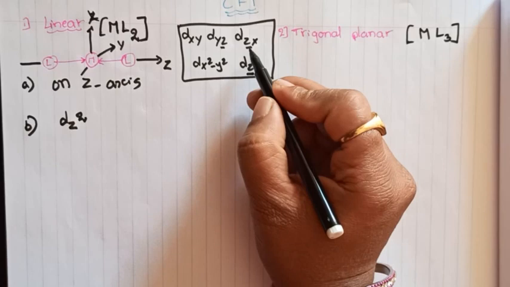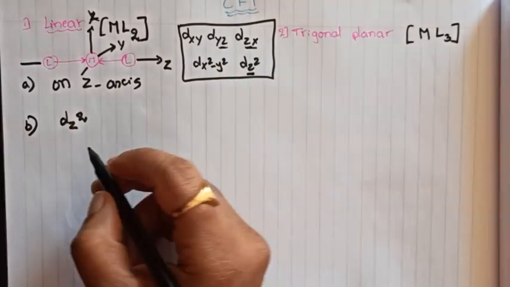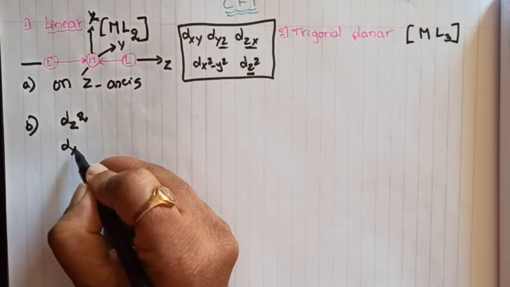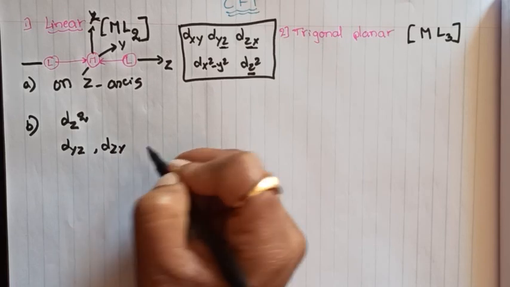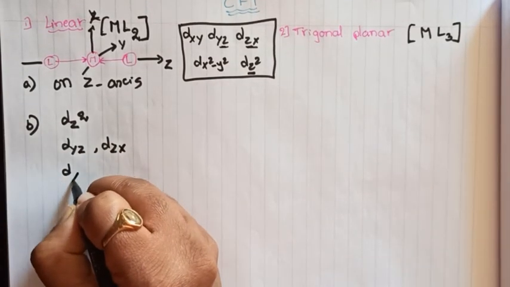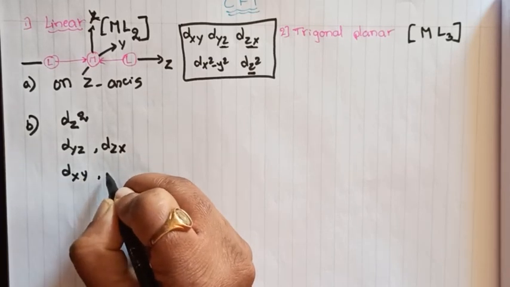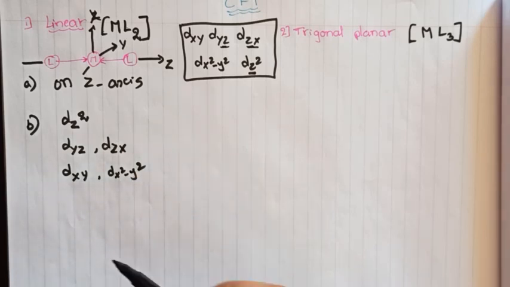Why? Even though they are not on the axis, they are close to the approach of the ligand. So that's why dyz and dzx orbitals get more repulsive forces next, followed by dxy and dx square y square. Why? These two are lying in the xy plane.